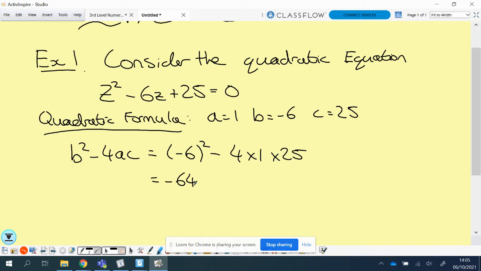Back at National 5, that would have been known as no real roots, and you would have stopped, because you wouldn't be able to find the roots.